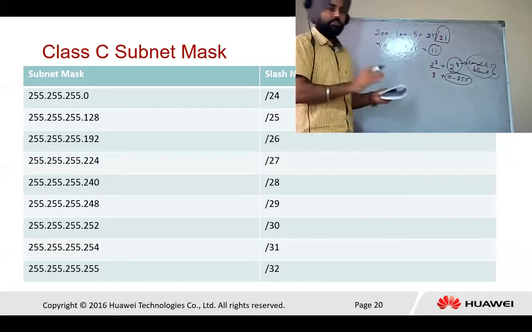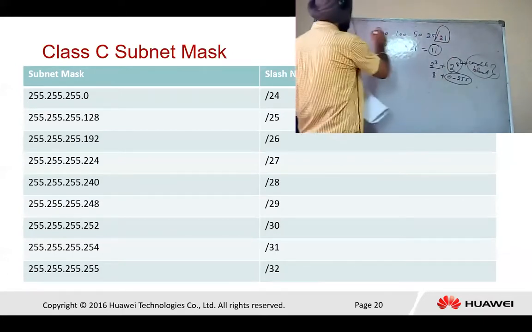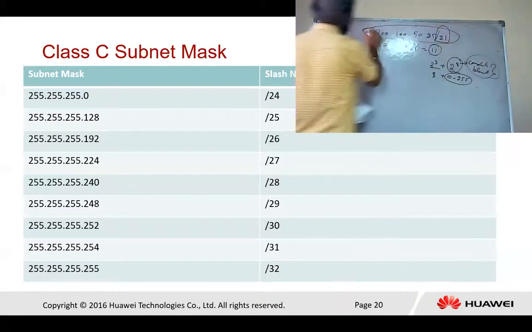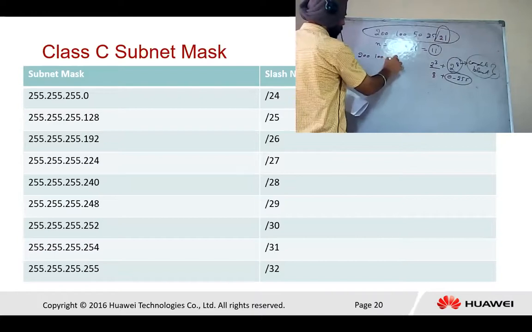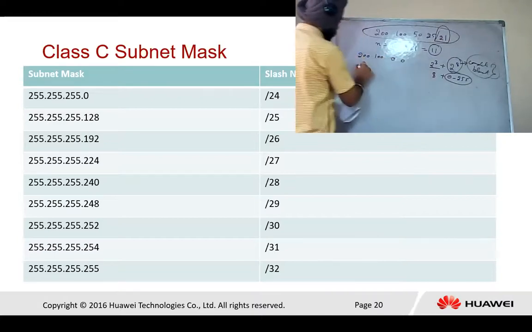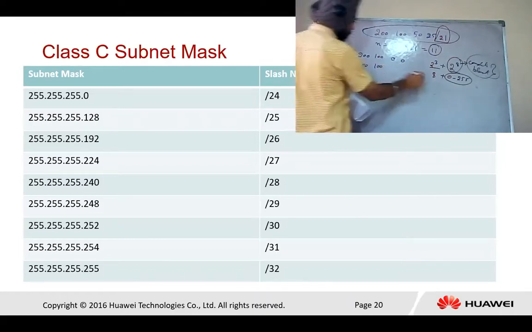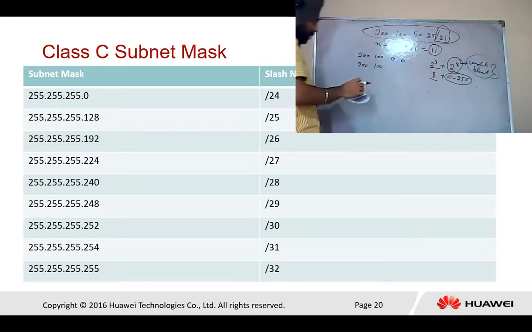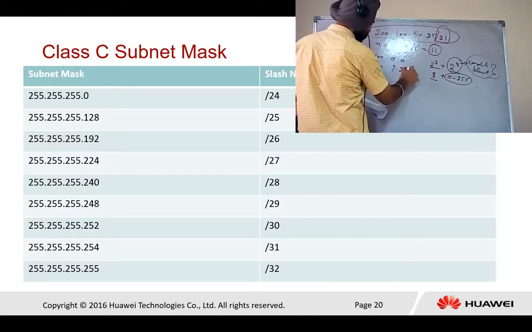So what is the first octet value for this given IP address? That is 200.100.0.0. Then 200.100.8.0, which means the maximum value goes up to 7.255.